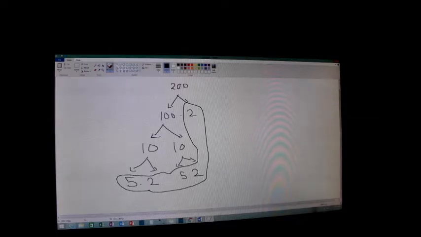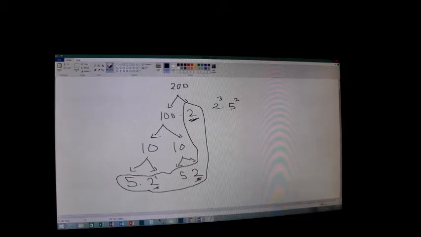Then we write it in short form, which is 2 to the third power times 5 squared. I got 2 to the third power because there is always a 1 on top of the 2, and then I add them, which equals 3, and the base is all 2, so I keep it 2.